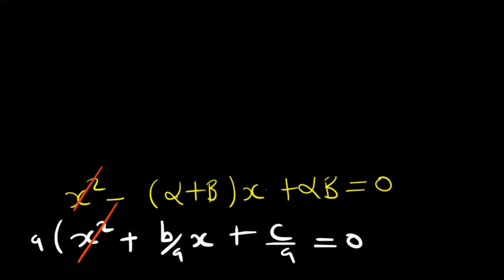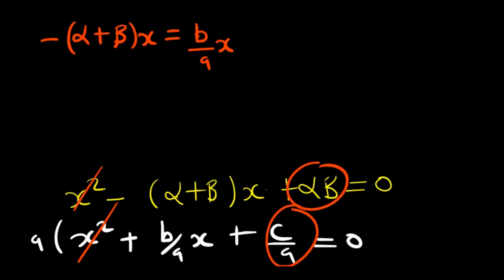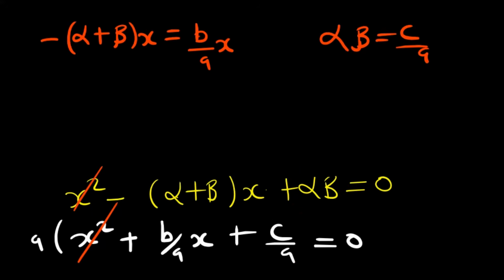I've got negative alpha plus beta x is equal to b over a x, and I also have alpha beta is equal to c over a. Okay, that is what I have.